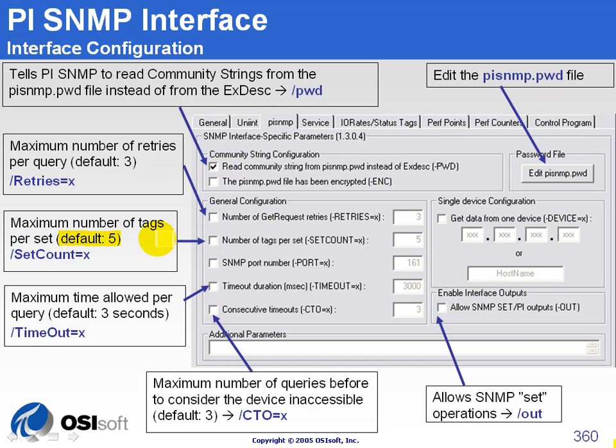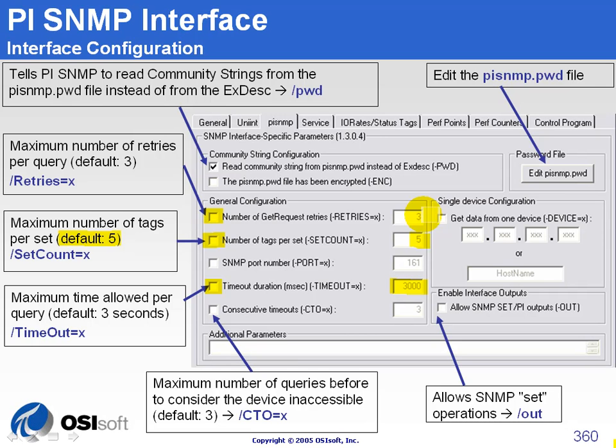To change this default, you can simply check this box and enter your own number. You could also change the maximum time allowed per query, which is 3 seconds. The timeout can be changed by checking this box and changing the number here. In addition to the timeout, you can tell the SNMP interface to retry calls that fail that number of times. The checkbox here and the number here.